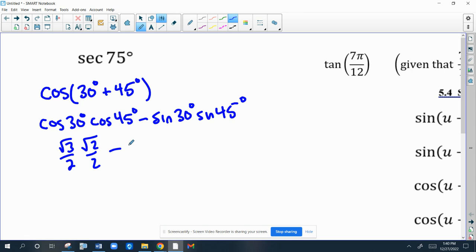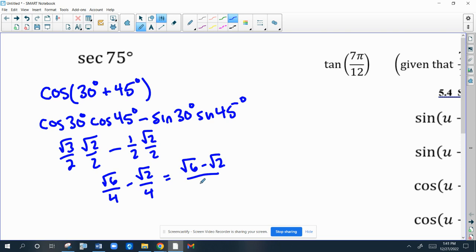The sine of 30 is 1/2, and the sine of 45 is root 2 over 2. So this would be root 6 over 4. You can multiply those square roots together, minus root 2 over 4, or just because they have the common denominator, root 6 minus root 2 divided by 4.